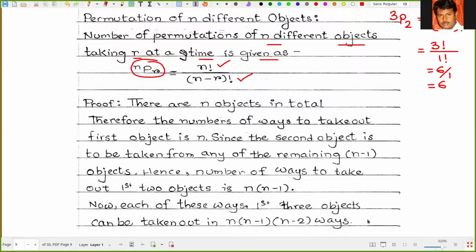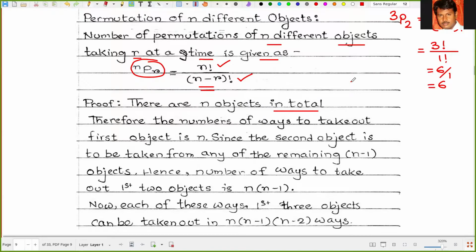Now, how can we prove that nPr is equal to n factorial upon (n minus r) factorial? There are n objects in total. We can also compare it with the normal scenario, that is 3 seats. Therefore, the number of ways to take out the first object is n. So when there are n objects, we take the first object, and that is n.